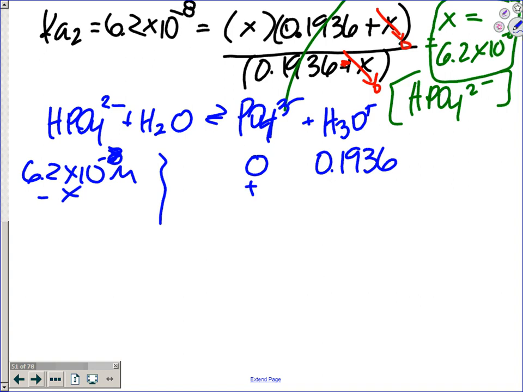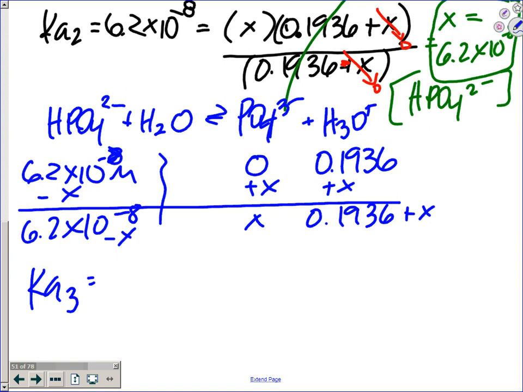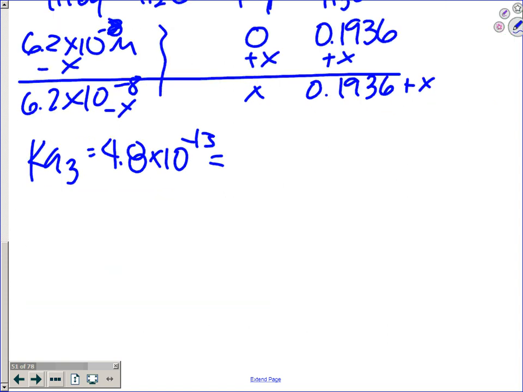Minus X, plus X, plus X. 6.2 times 10 to the negative 8 minus X, X, 0.1936 plus X. And then, I can scroll up. What was that Ka value? 4.8 times 10 to the negative 13. Thanks.